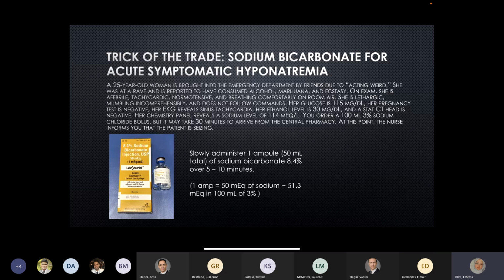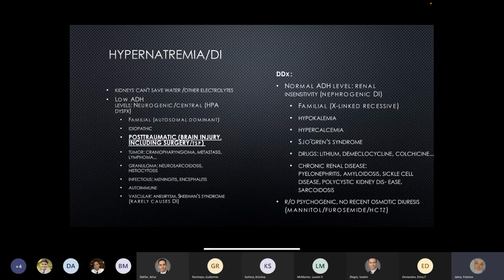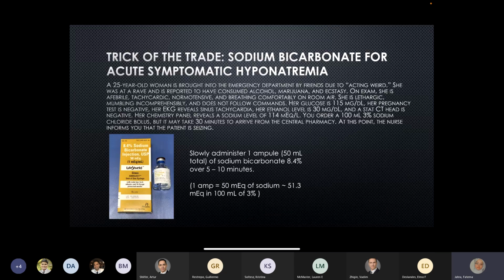Interestingly, I came across this article in Emergency Medicine Forum, where they were saying that if you come into the emergency room hyponatremic and you start seizing, and you don't have 3%, pharmacy has to prepare it, so it takes some time.